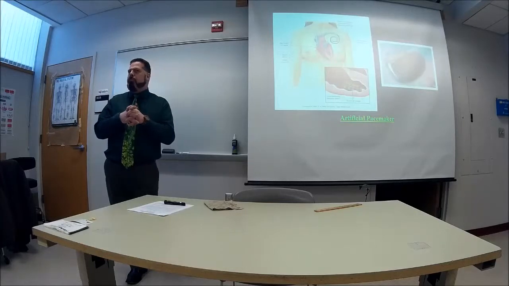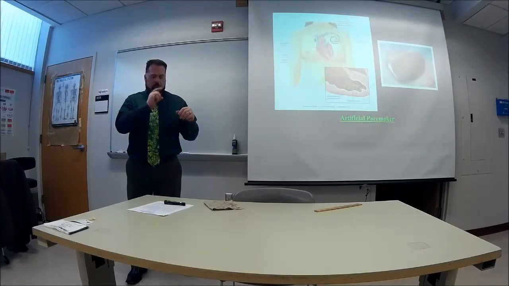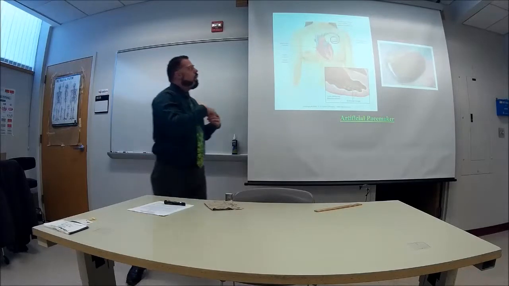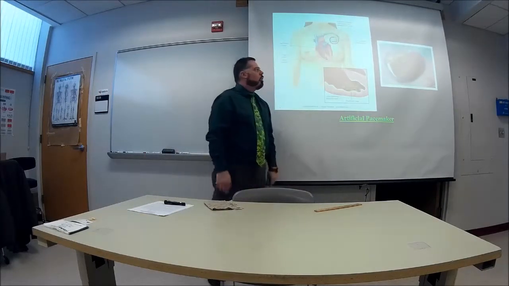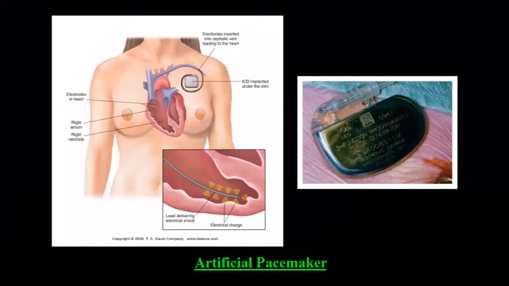Anyway, they put it underneath your skin, subcutaneously, and there's a wire that comes out and goes into the ventricle. That's what it looks like, by the way, but it goes underneath your skin.